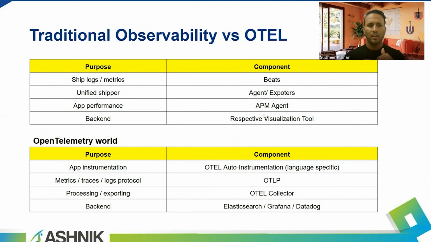For performance monitoring, we have the APM agent, and then we have respective tools and the backend for visualization and dashboards. In a similar way, in the OpenTelemetry world, we have Otel and the OTLP protocol, which is the standardized protocol that standardizes how to collect metrics, traces, and logs and then push them. Then the Otel collector and the backend.